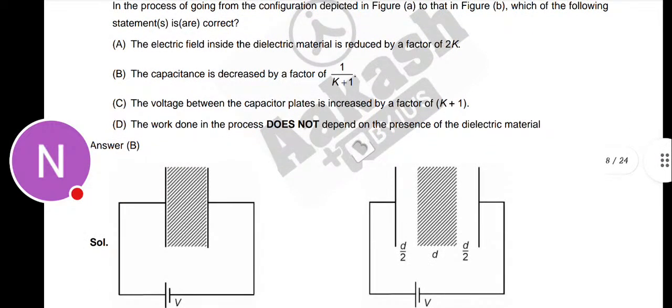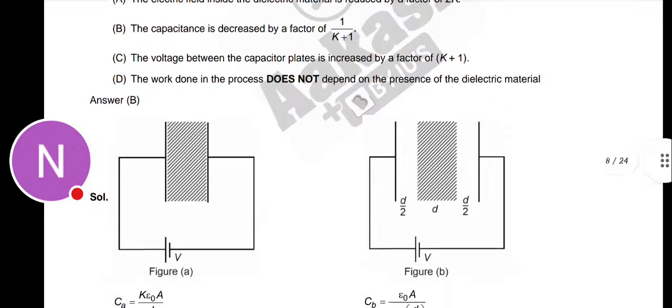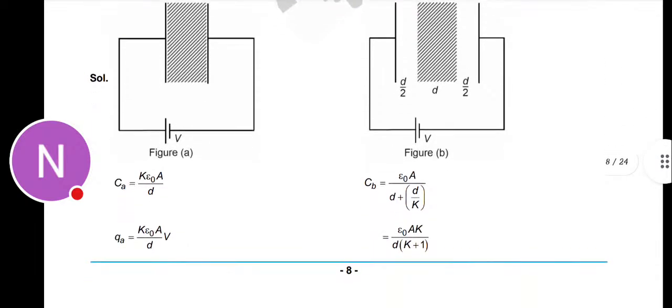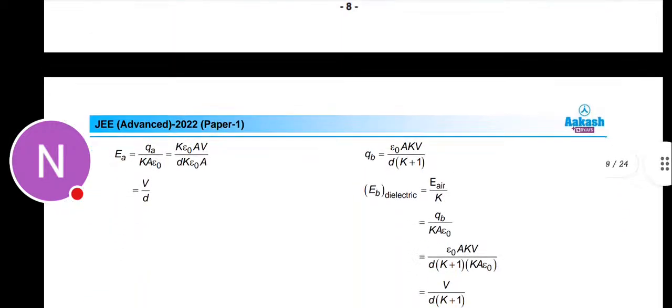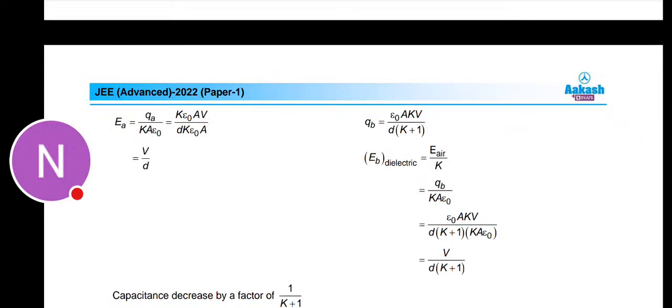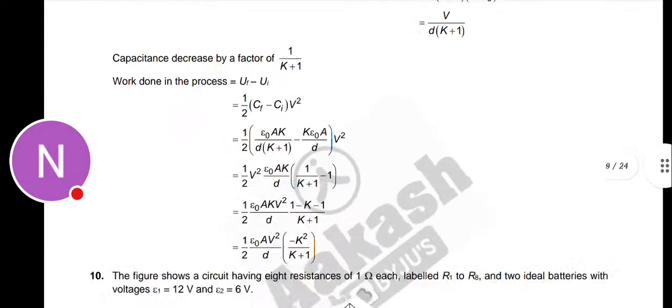So in these options, first option, the electric field inside the dielectric material. For figure A, CA is equal to K epsilon naught A by d. So QA is equal to K epsilon naught A by d into V. Therefore EA is equal to QA by K A epsilon naught, that is equal to K epsilon naught A V by d K epsilon naught A, that is equal to V by d.